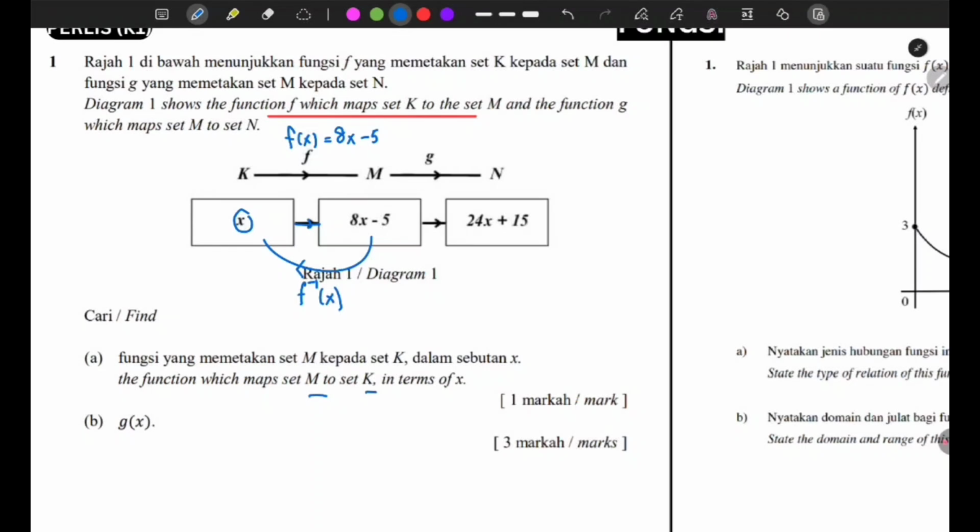And how do you find it? You let y, right? So let y equal to what? fx, the original function. So (y plus 5) divided by 8, this is equal to x. Then write it this way.